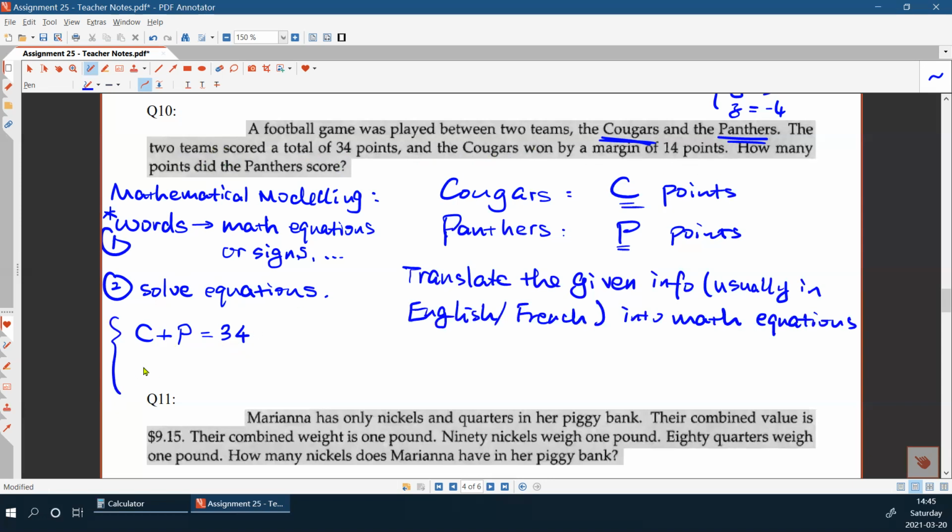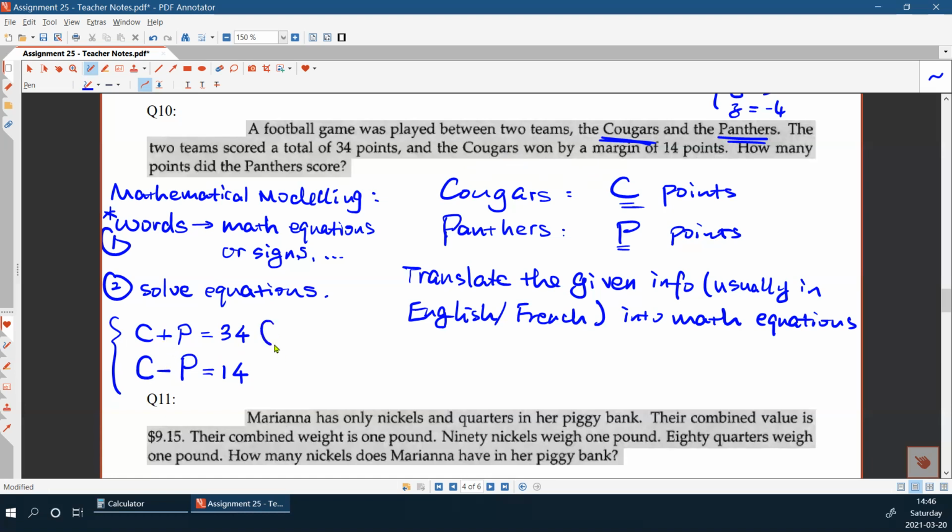That means Cougars minus Panthers is 14, right? Because it says Cougars won by a margin of 14 points. So that means now we have two variables and two equations. So this question now becomes, how do we solve this system of linear equations? Of course, we have learned how to solve this, right?